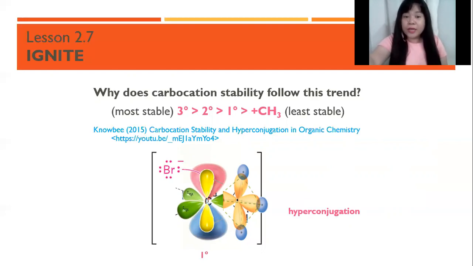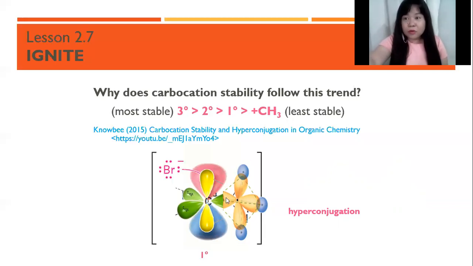Hyperconjugation happens when this p orbital lies parallel to any one of these sp3 hybrid orbitals. In short, it just makes do with any one of the available sp3 orbitals here, because remember, this bond, which is a sigma bond, can rotate.